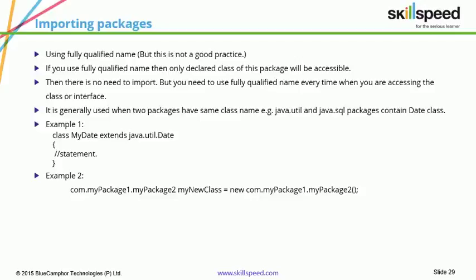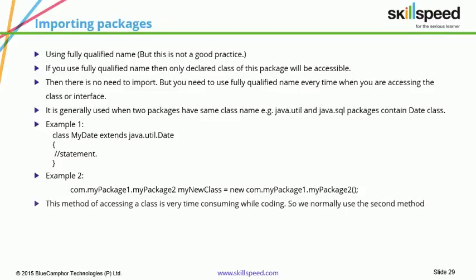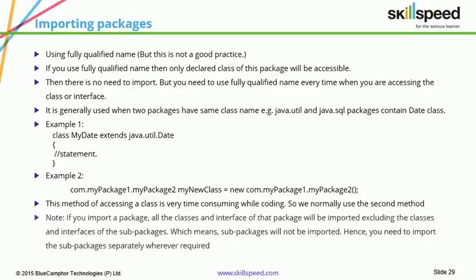In the first example, we were specifying that we are using the Date class from the java.util package only, and in the second example we are specifically mentioning that we are using the class from the package com.mypackage1.mypackage2. Writing the fully qualified name during coding is very time consuming, so we don't usually use this method.